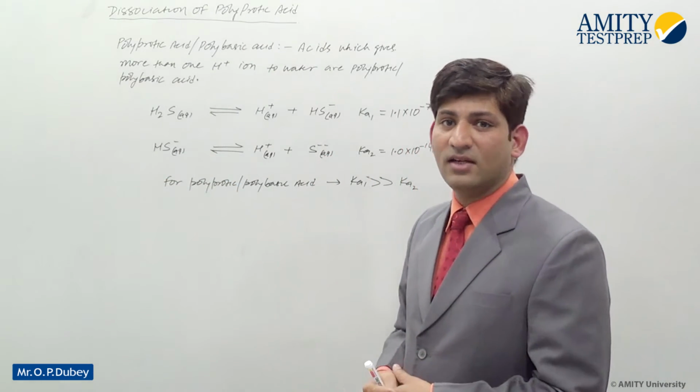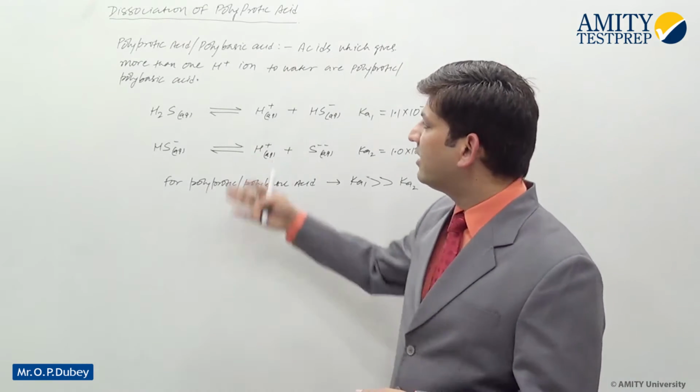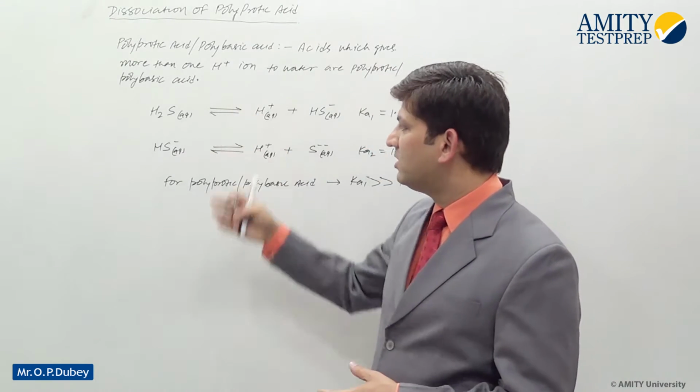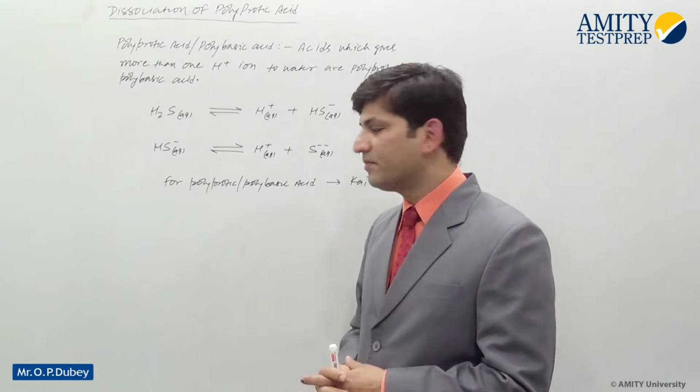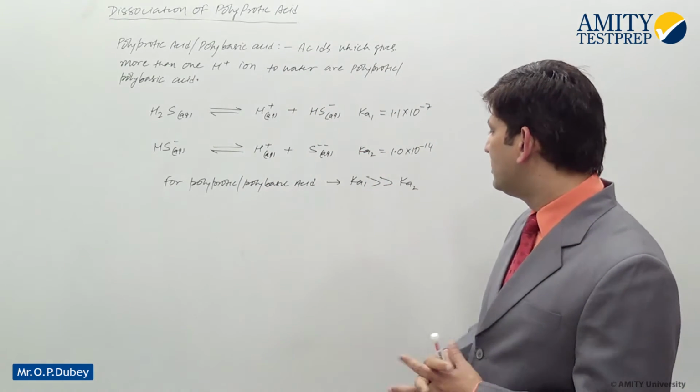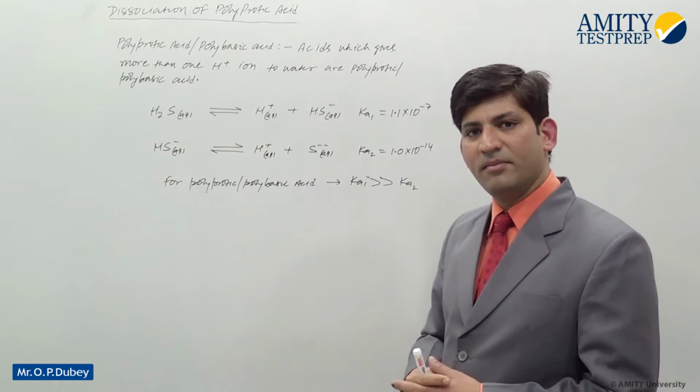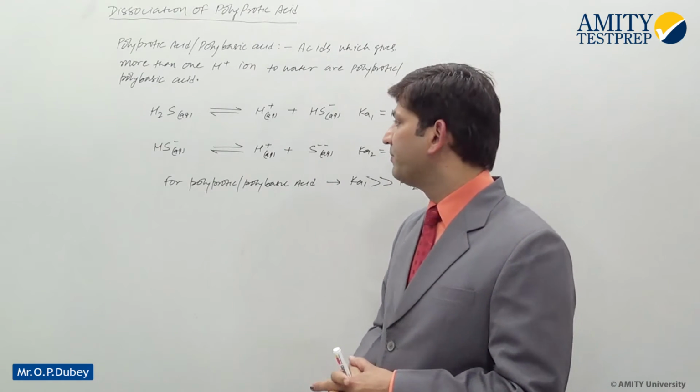That's why it occurs less readily as compared to the first step, the dissociation of H2S into H positive and HS minus. That's why the first dissociation constant is much larger than the second.